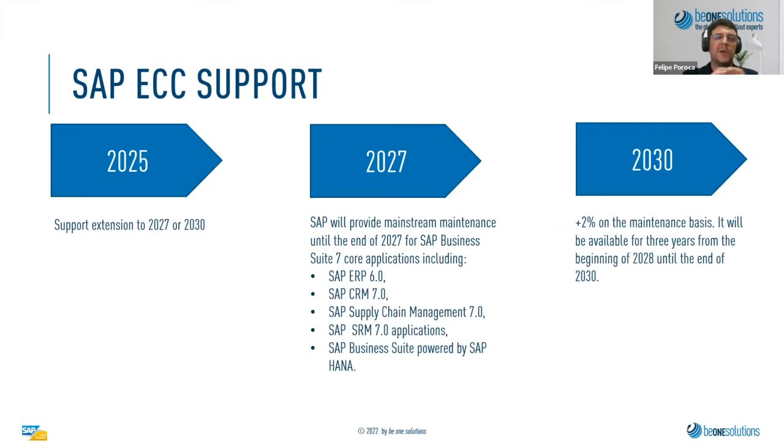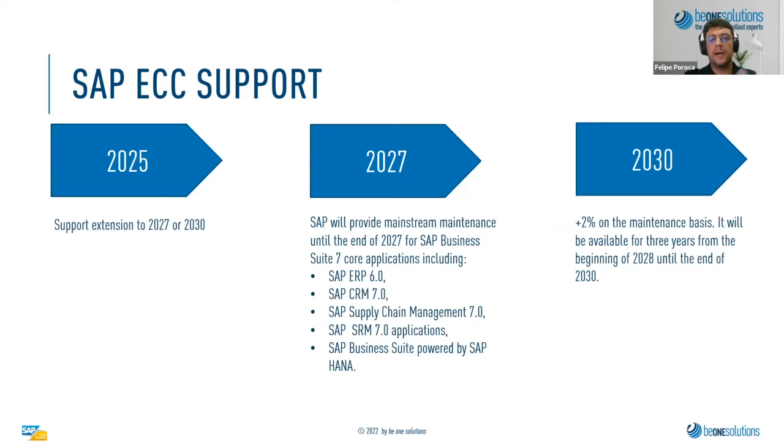But for the ones who are familiar with SAP and reading the news, sometime in the past, we got some news from SAP saying, hey guys, you work with SAP ECC, you need to go to S/4HANA, otherwise you're going to lose your support, right? So the first news said that this year would be 2025. So at that time, customers were running because 2025 was the final year to migrate to S/4HANA.